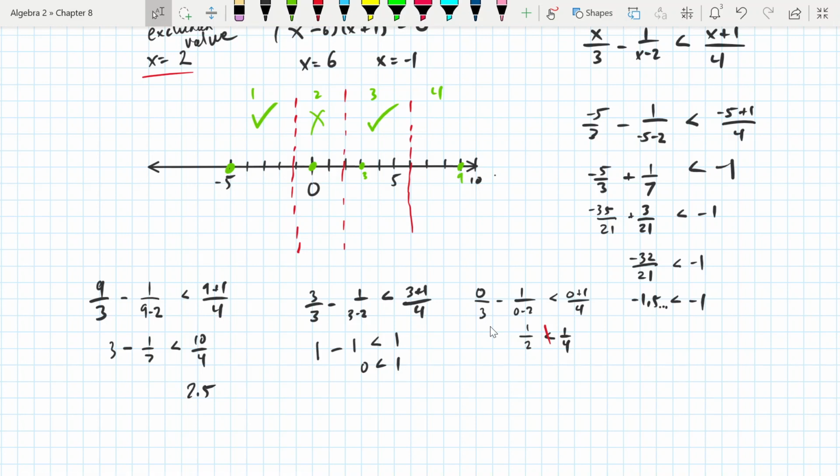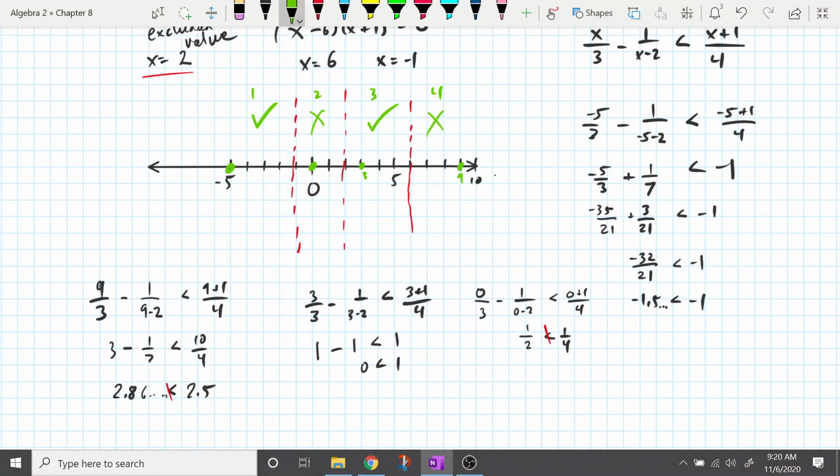So is 3 minus 1 divided by 7 less than 2.5? And no, it's 2.6 and junk, 2.86 rounded. So no, this one is not true. So that means there's no solutions in there.